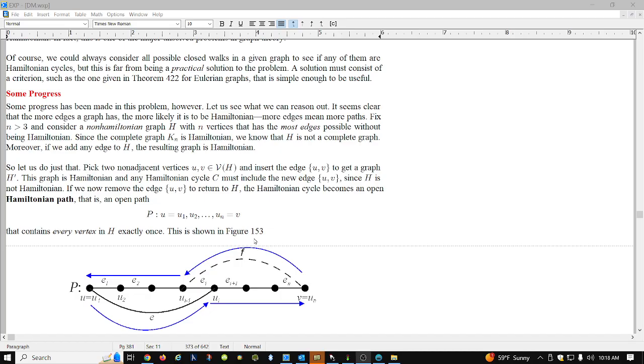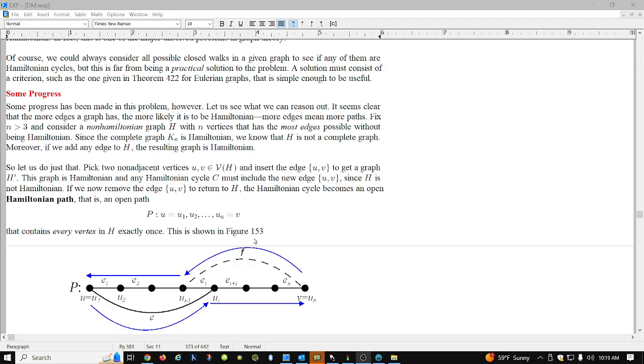So let's fix an integer n greater than 3 and consider a non-Hamiltonian graph H with n vertices that has the most edges possible without being Hamiltonian. So if we add one more edge, you now have a Hamiltonian cycle. Since there are only a finite number of graphs with n vertices, we can do this in theory. This is not a practical consideration, this is theoretical.